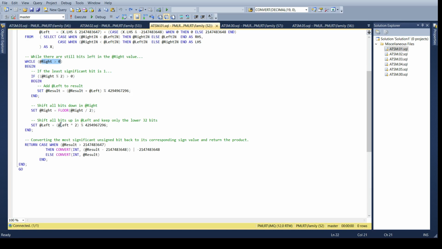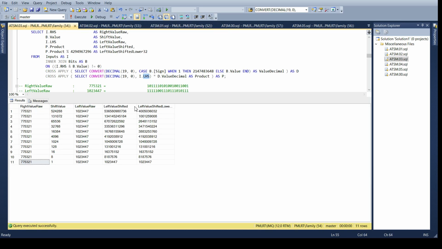All the shifting that was happening here is happening all at once across each one of these rows. So this is the value of the left-hand side shifted by each of the bits that was found in the right-hand side. And then here I'm just lopping off any overflow and saying I only want the lower 32 bits of that. So if I summed these and then lopped off the lower 32 bits and dealt with the sign number, that should be my solution.